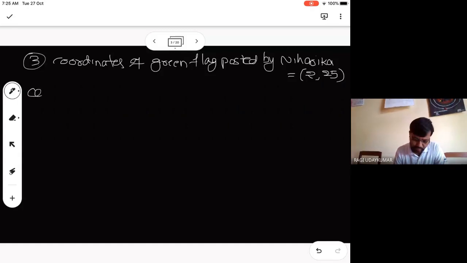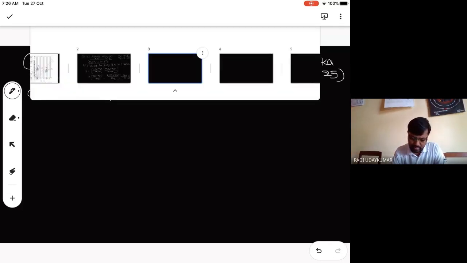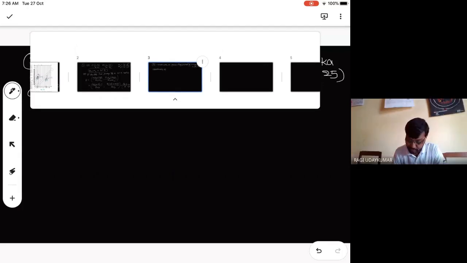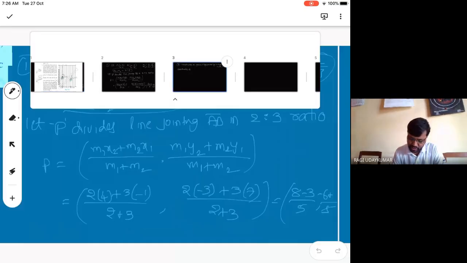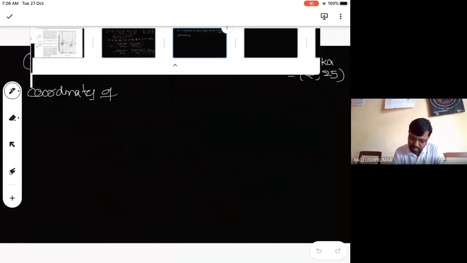So coordinates of the, what is the other flag color? Blue. No. Blue, she has to post it. Okay. Preet runs and posts the red flag. So already 2 members posted.